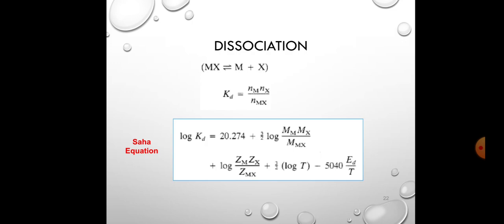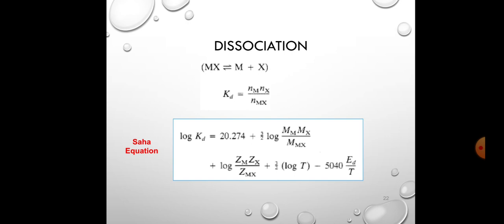Okay, here we are going to talk about dissociation and ionization. When the sample is introduced in the flame, one of the steps that we talked about was dissociation.